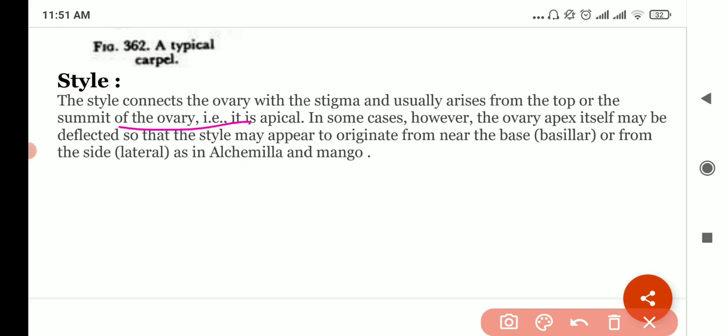It is apical, means it is at the tip. Okay. In some cases, the apex may be deflected so that the style may appear to originate from near the base or from the side. Okay. So they usually arise from the top, but it may deflect. Okay, it may move on to the side or towards the base.